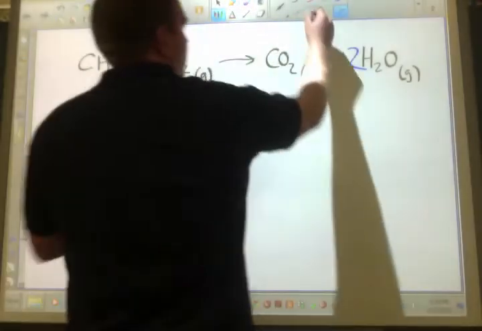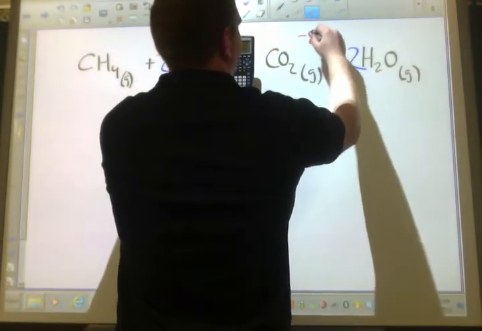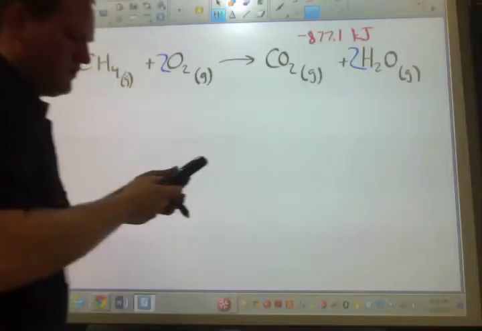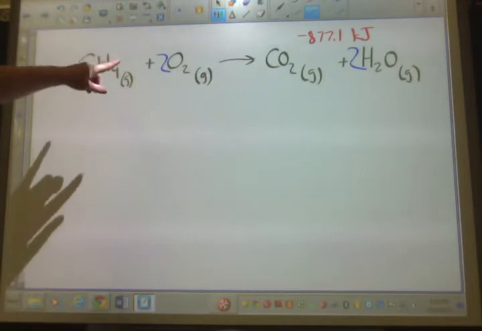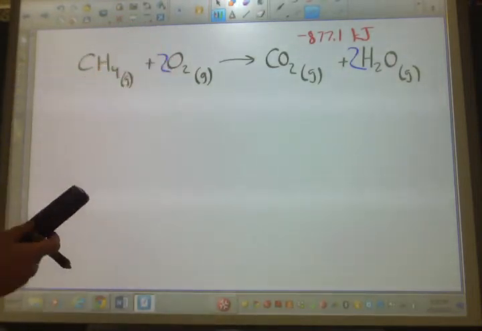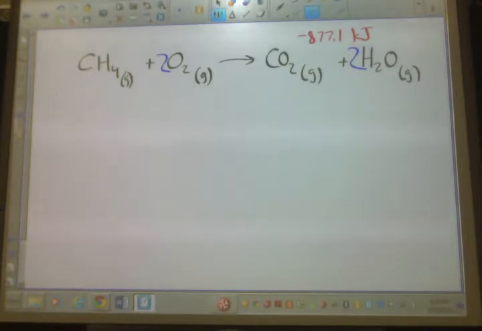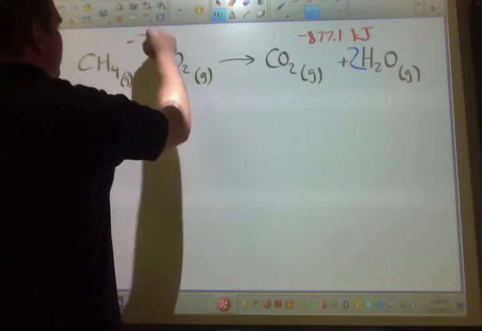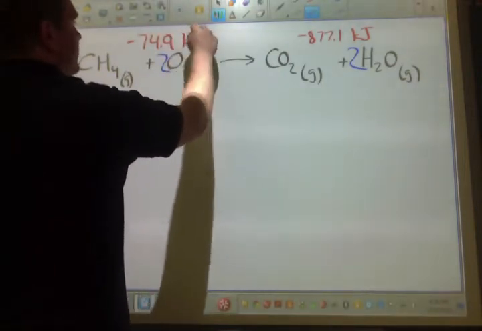So my total enthalpy of formation here is negative 877.1 kilojoules. For the reactants, O2, we know what that is, 0. CH4 is methane. Methane is negative 74.9 kilojoules per mole. It's 1 mole, so negative 74.9 kilojoules.